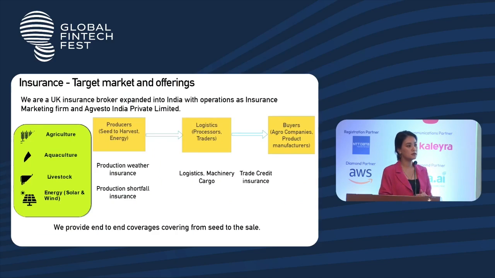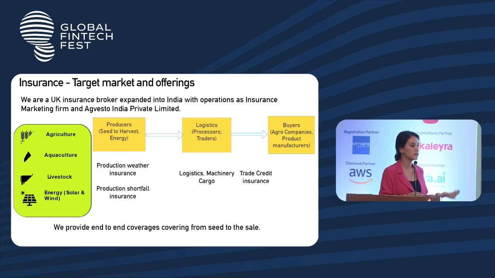Agvesto has 4 segments that are targeted. First is agriculture, second is aquaculture, third is livestock, fourth is energy. Agvesto is targeting this whole sector where we are providing end-to-end coverage from seed to sale. For producers, that would be from seed to harvesting.